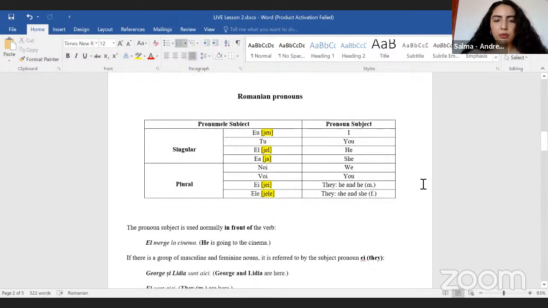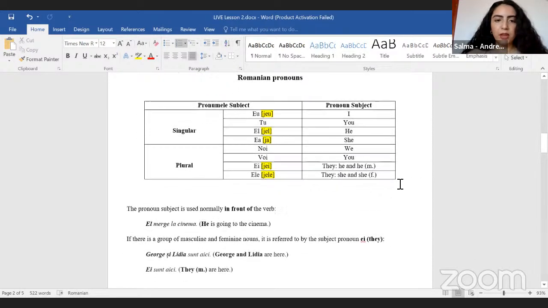Let's move on to the pronouns. The pronouns are not very complicated. I've put for you here their correspondence in English. So let's try to pronounce them together. So, eu, tu, el, ea, noi, voi, ei, ele.